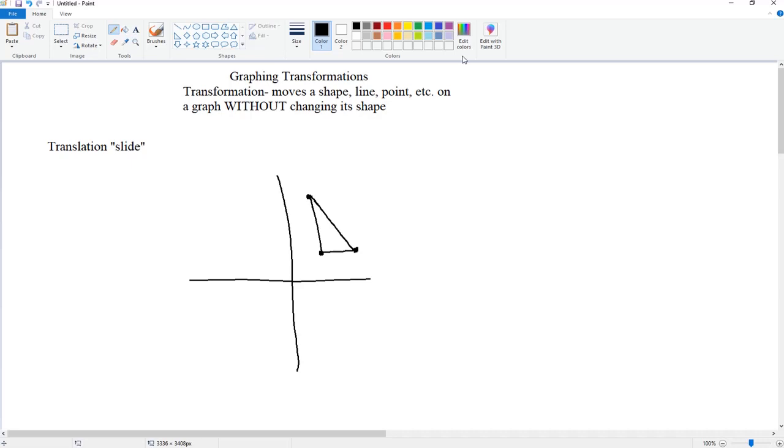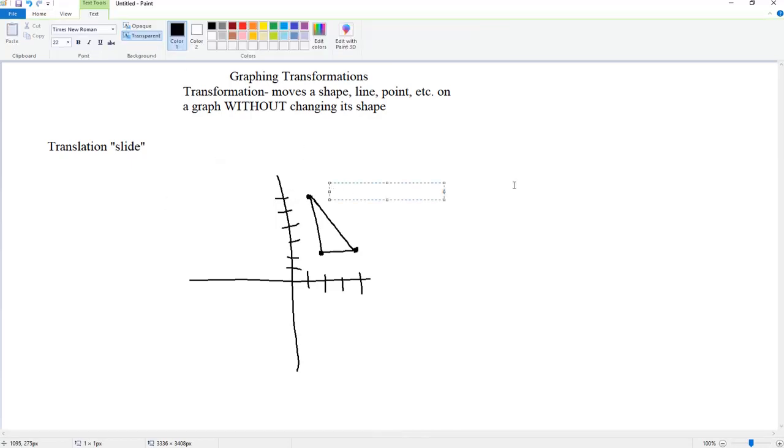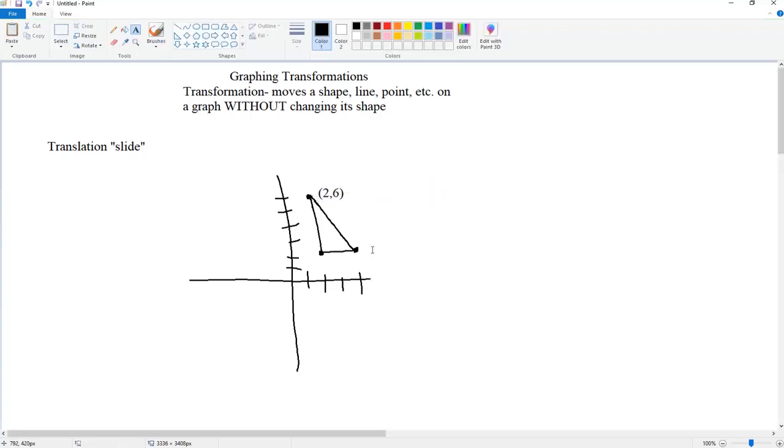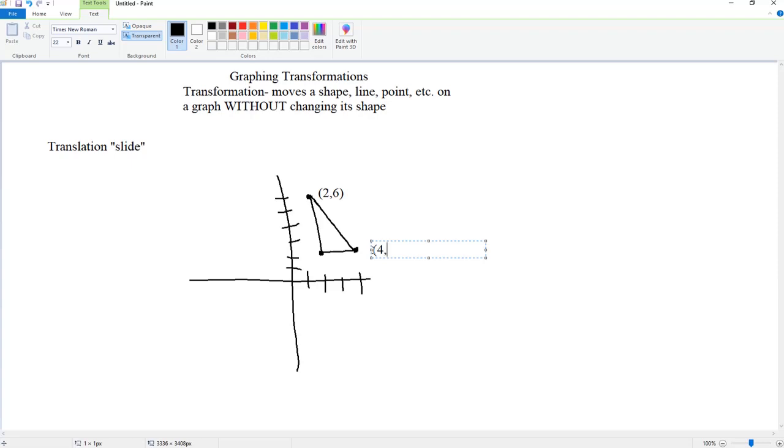Let's say that this top point here is (2, 6), this bottom one here is (4, 2), and this bottom one here is (2, 2).